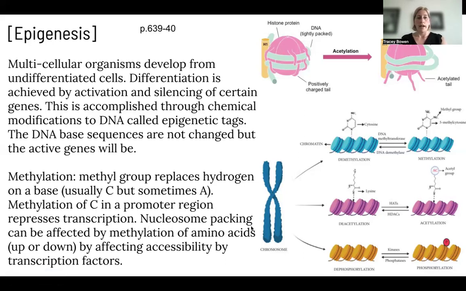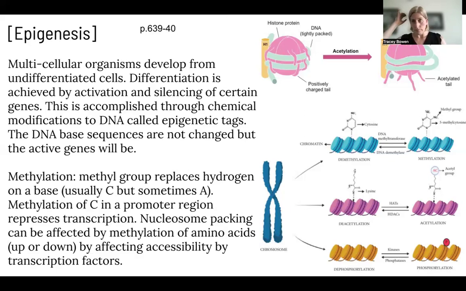And nucleosome packing can be affected by the methylation of the amino acids, up or down, by affecting the accessibility by transcription factors. So essentially, it means that the gene is coiled up tighter, and as a byproduct of that, transcription factors can or cannot access that promoter region, and so it will up or down regulate the production of that messenger RNA.